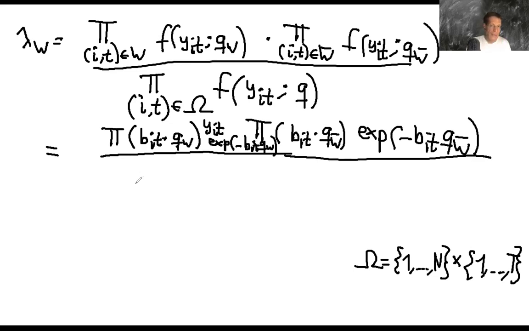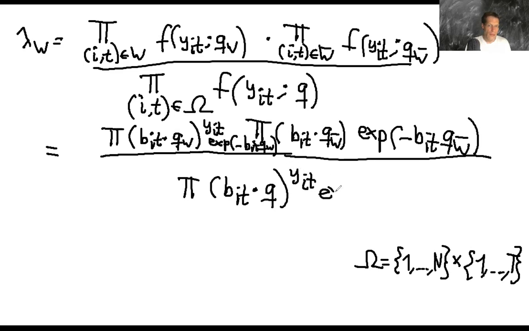And down here we would have simply the product. Also, I'm not going to write for what, but it's this one here. So this is overall. And here we would have bitq to the power of yit.